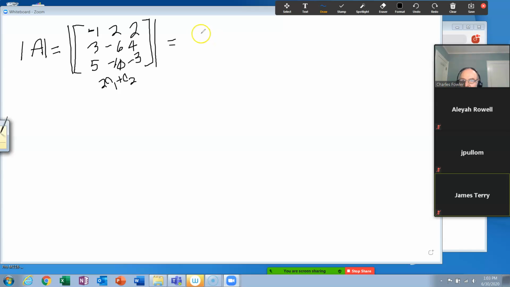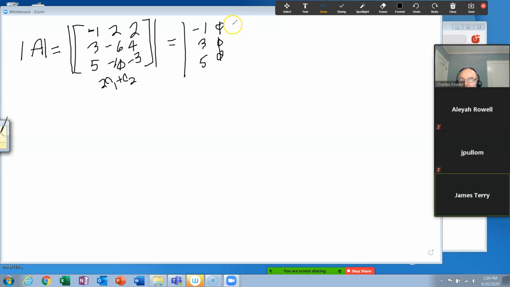Okay, so we're using column 1, so we're going to keep it negative 1, 3, 5. Now, multiply column 1 by 2 and add it to column 2. 0. You do the next one. 0.